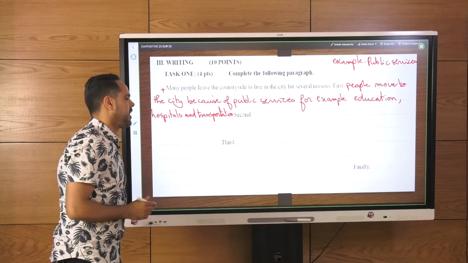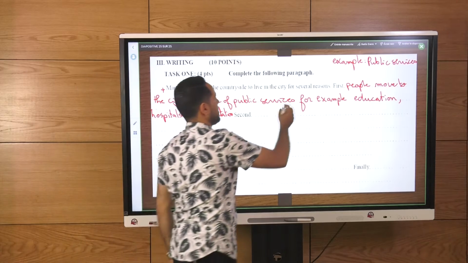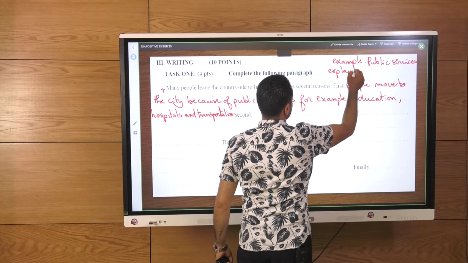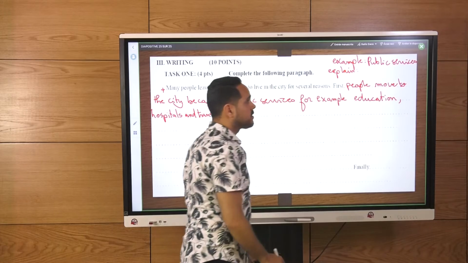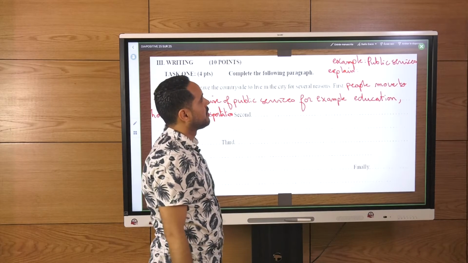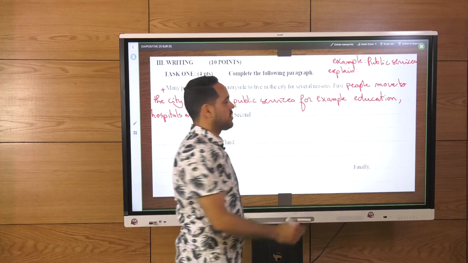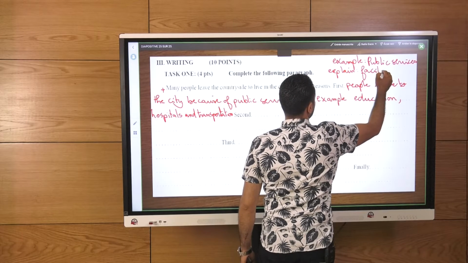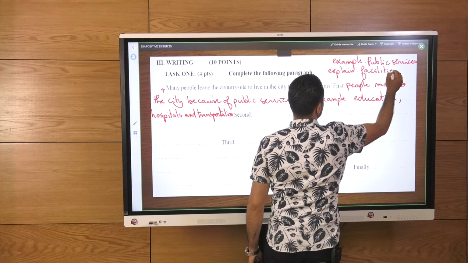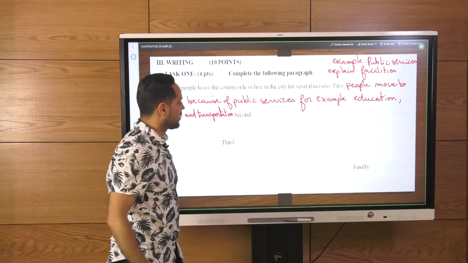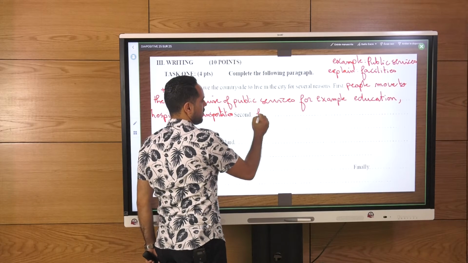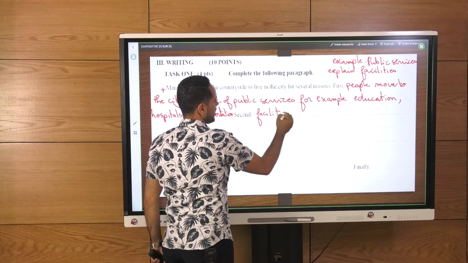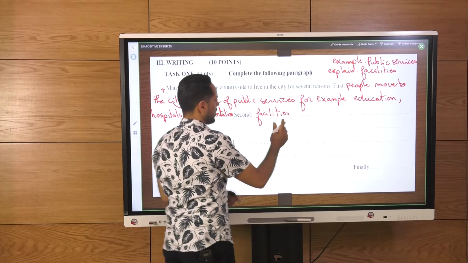In the second one, let's do explanation, for example. So let's try to explain. And I'm thinking about, okay, facilities. Facilities means everything that makes your life easy. So it's facilities. Second, facilities, the verb is to push.